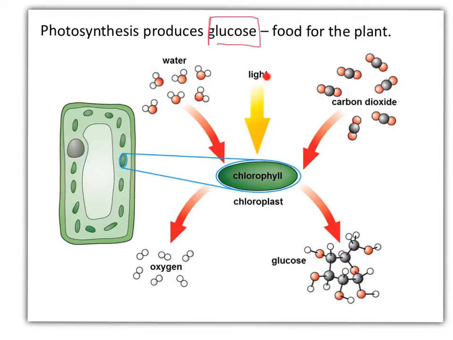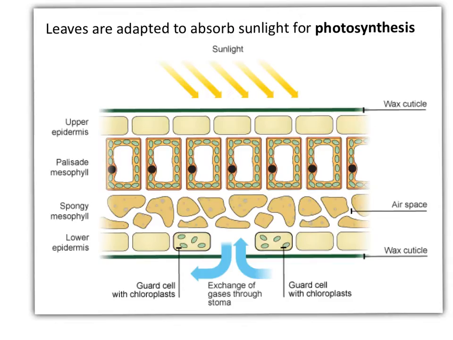So it takes in this sunlight. Now that sunlight is used to combine water and carbon dioxide. The atoms are rearranged and we get glucose, which is the food for the plant, created, and we also get this byproduct, oxygen, which, as you know, we use for respiration.